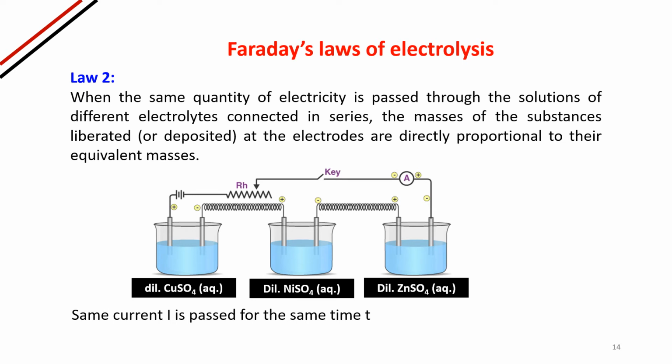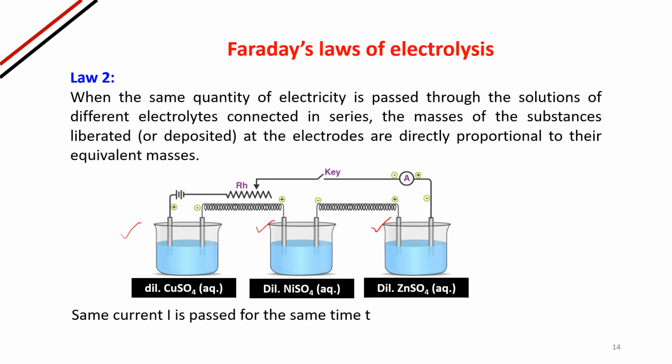Faraday's second law of electrolysis. When the same quantity of electricity is passed through the solutions of different electrolytes connected in series. You can see here 3 different electrolytes taken in 3 different beakers. The first one is copper sulfate, the second one is nickel sulfate, and the third one is zinc sulfate.